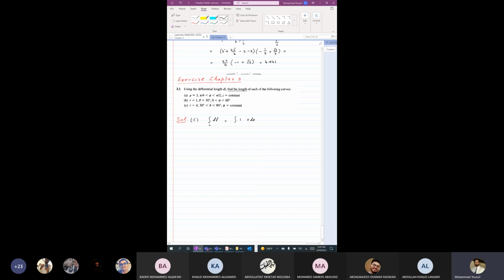So the integrand is 1. And theta goes from 30 to 90, that is pi over 6 up to pi over 2. And here r is not a variable, r is constant, equal to 4. The integral of 1 with respect to theta is theta, from pi over 6 up to pi over 2. So it is 4 times pi over 2 minus pi over 6. So it is 4 pi over 3.